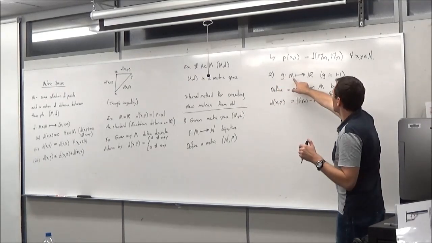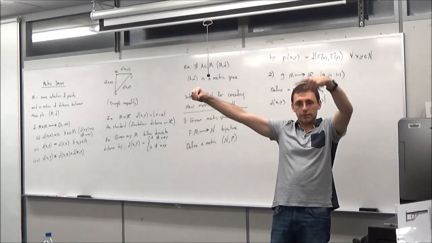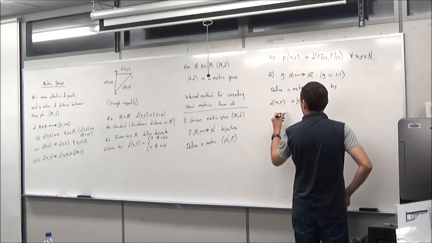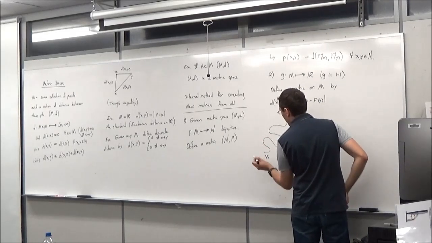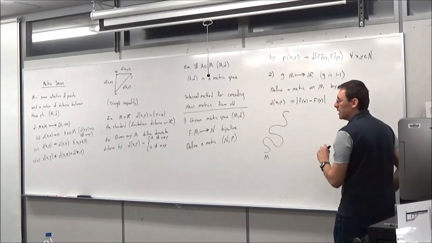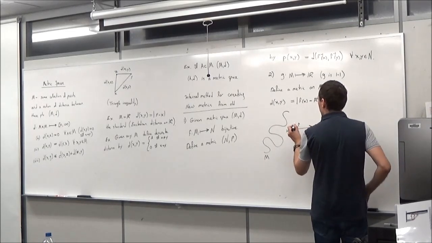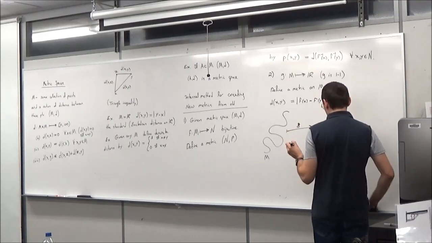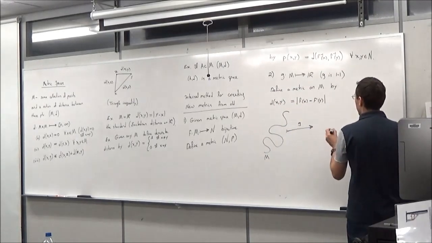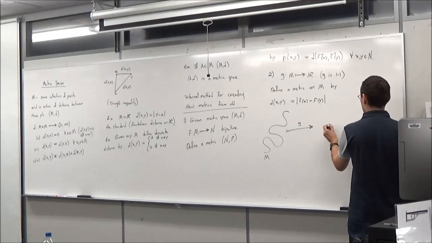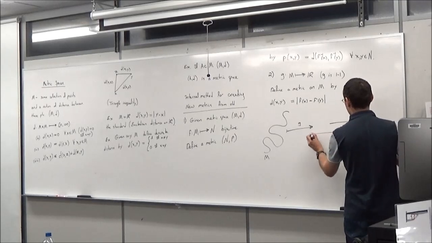In other words, what is the idea here? I take that space, I unravel it. Here is a picture. Here is your set M. It's like a twisted coil, right? And the function g is just taking this M and stretching it along the real axis.